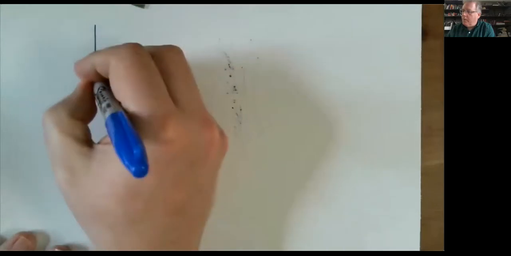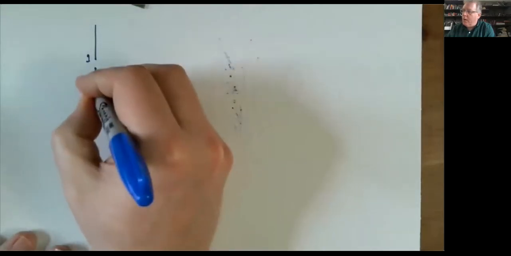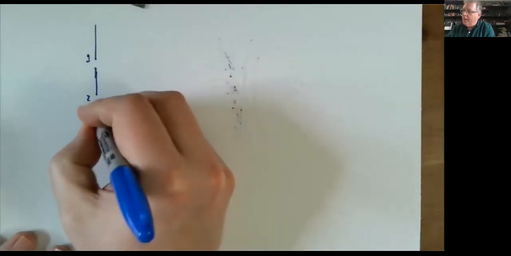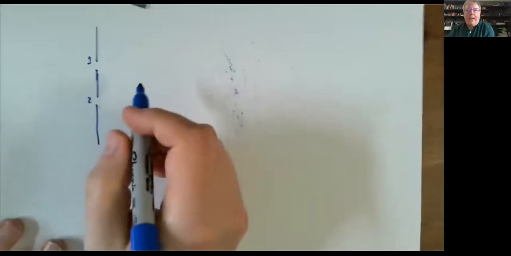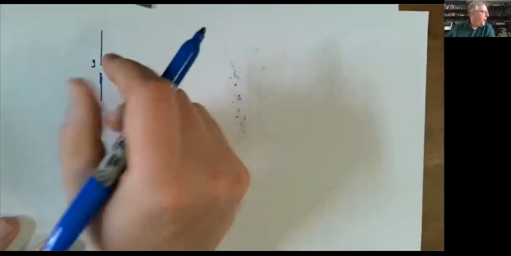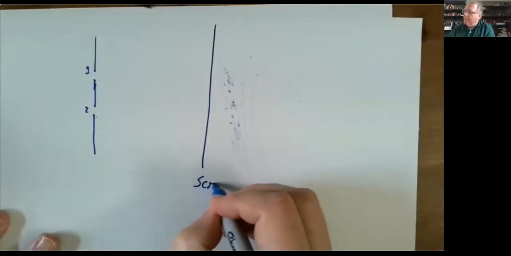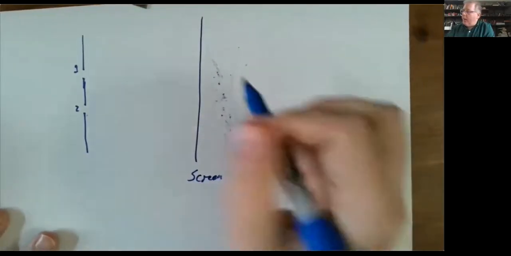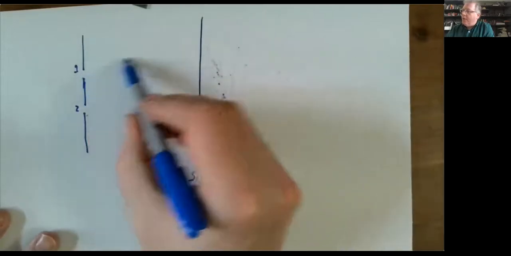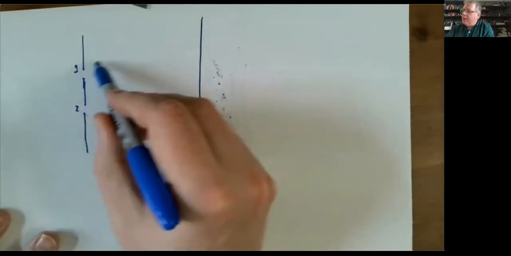So I've got 2 slits here. Call that slit 1. Call that slit 2. And I've got a wave hitting it from the left, and it's making stuff off to the right. So here's where I'm going to see the light on my screen. What I really care about is how far this one goes versus this one goes.